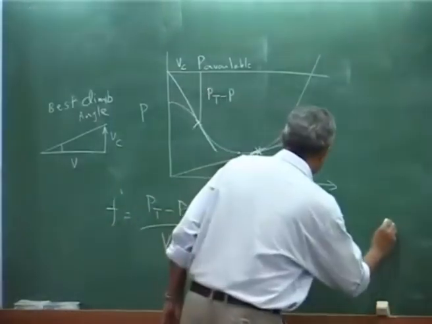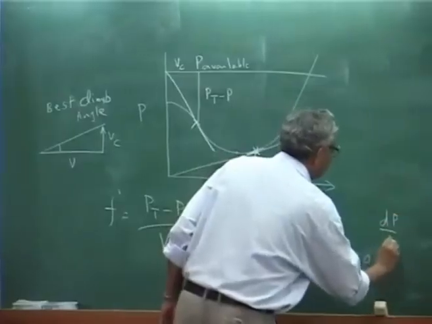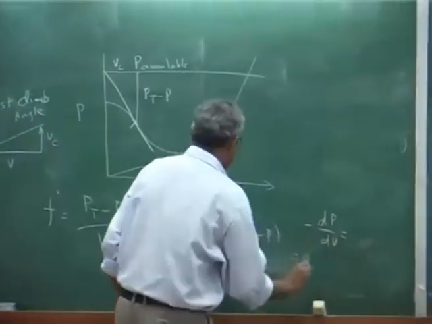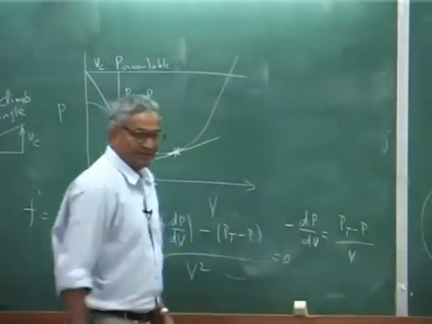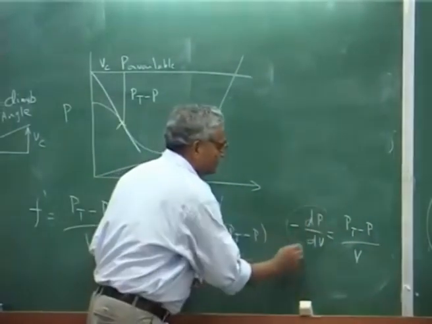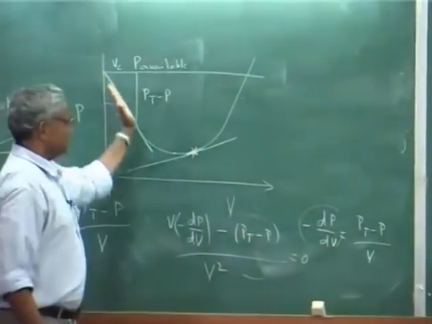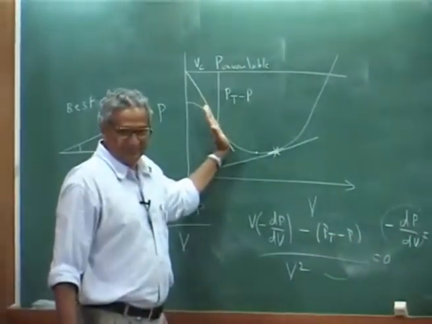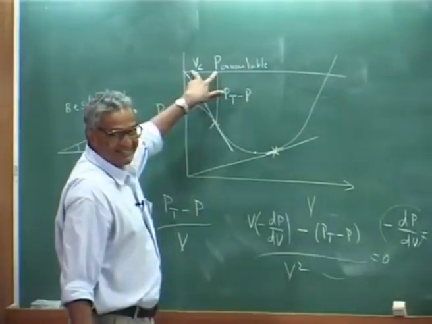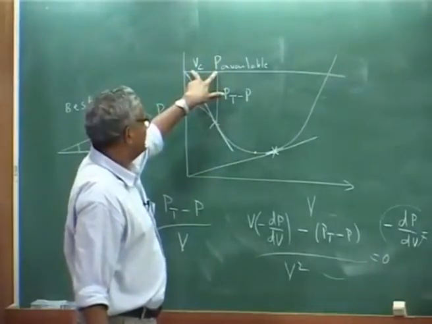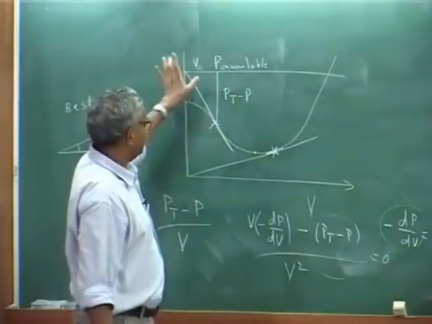So, you will get dP by dV, with the minus sign, is actually Pt minus P over V. So, the slope of this curve, because of the minus sign, is automatically a negative slope. So, this is Pt minus P, this is V.